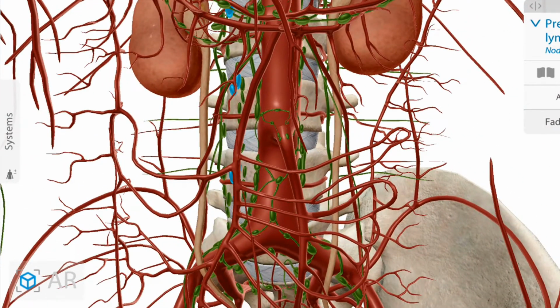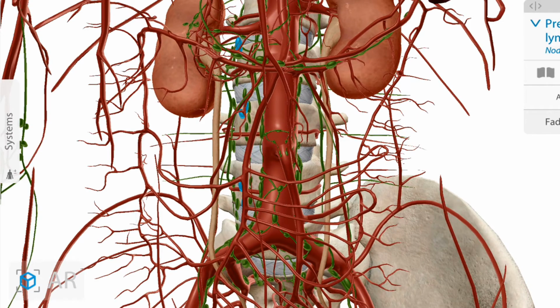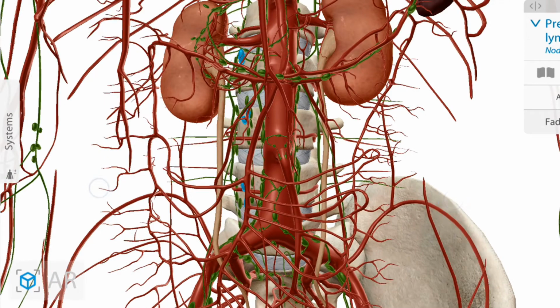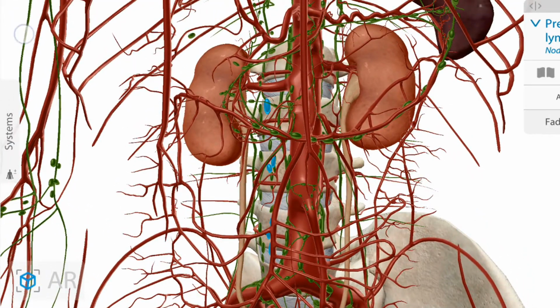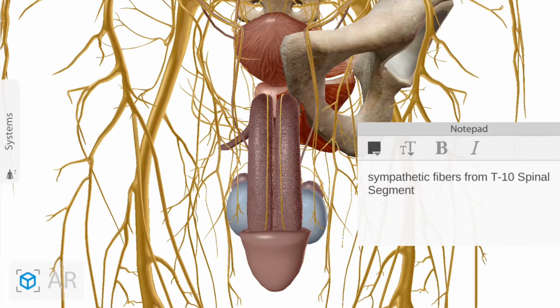So the lymphatic drainage of the testis is by the lymphatic vessels into the pre-aortic and para-aortic lymph nodes at the level of the L2 vertebra.